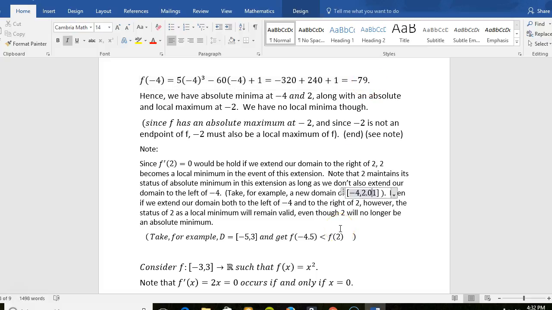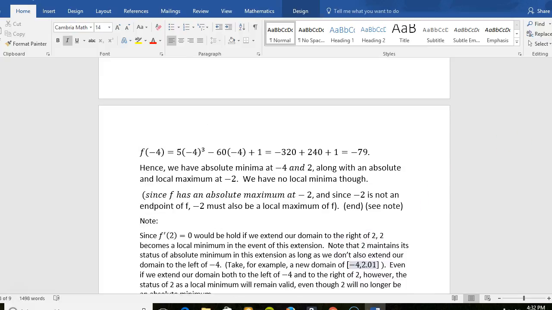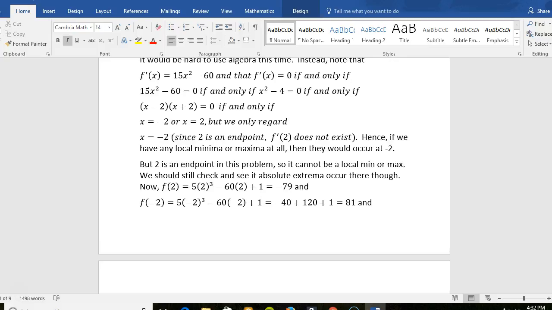Now, if you extend out to the right, I don't think you'll do any harm, because I think you might not do any harm if you extend out further to the right, because by that point, f of 2 gave me negative 79.